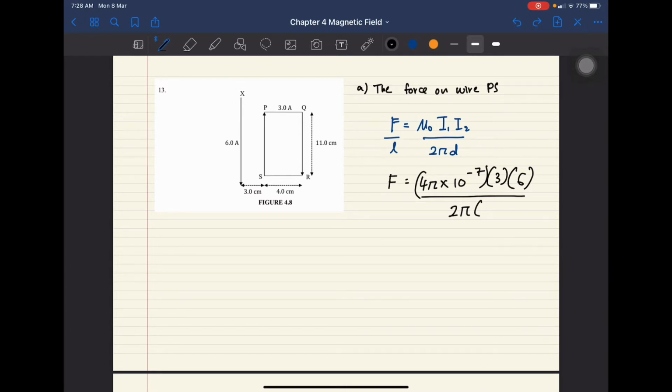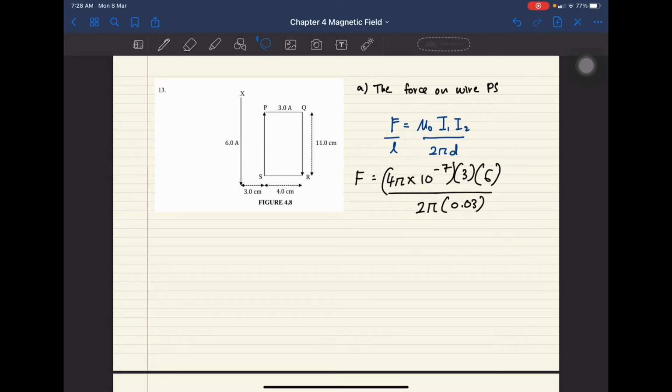So maybe I change straight away to meters. Don't forget about the L over there. So I think I'm going to bring this a little bit further here and multiply with L on the right hand side. The length of the wire here is 0.11 meter.